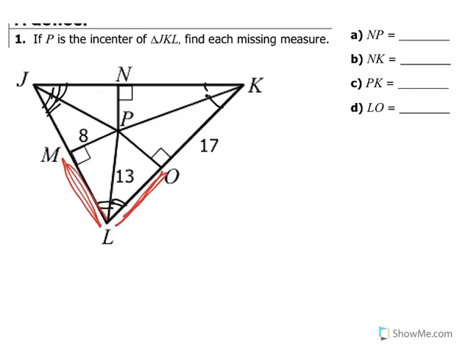So it's a little bit different than circumcenter. Those sets of sides are congruent. In addition to those, if you go from the incenter perpendicular to the sides, those three lengths are all equal to each other.